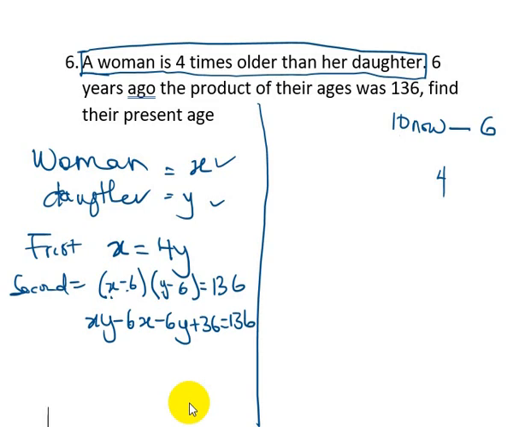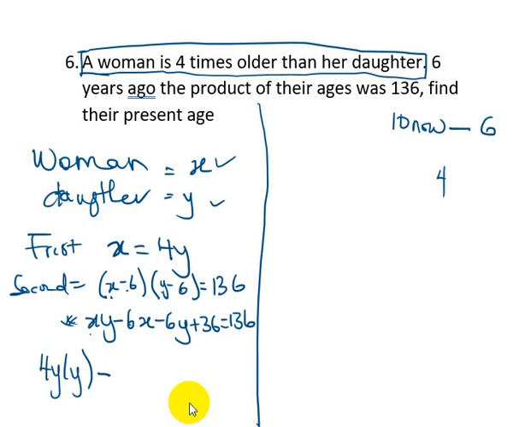Now from there, we know that the x value for the first one is 4y. So anywhere I see x, I'm going to put 4y in the second equation. So I'm going to get 4y multiplying y, because I change the x with a y.